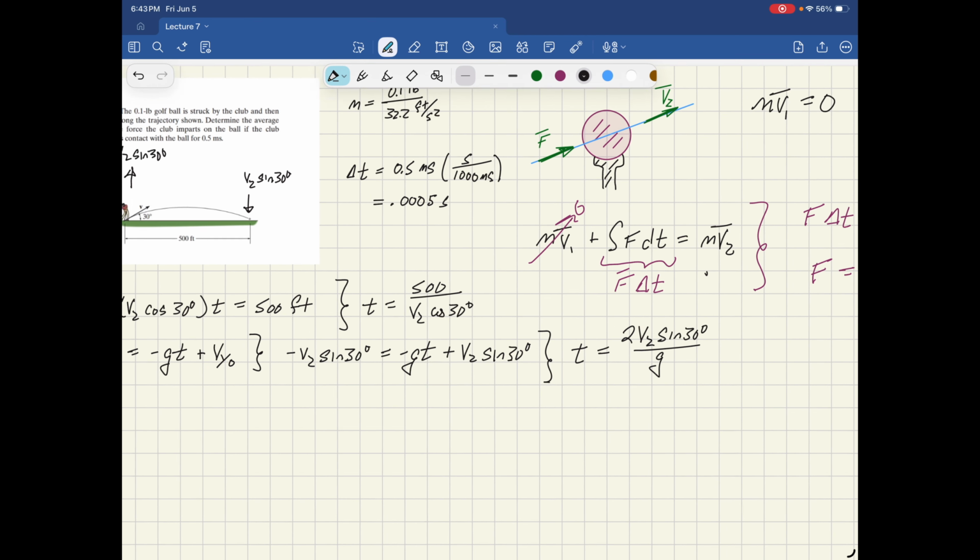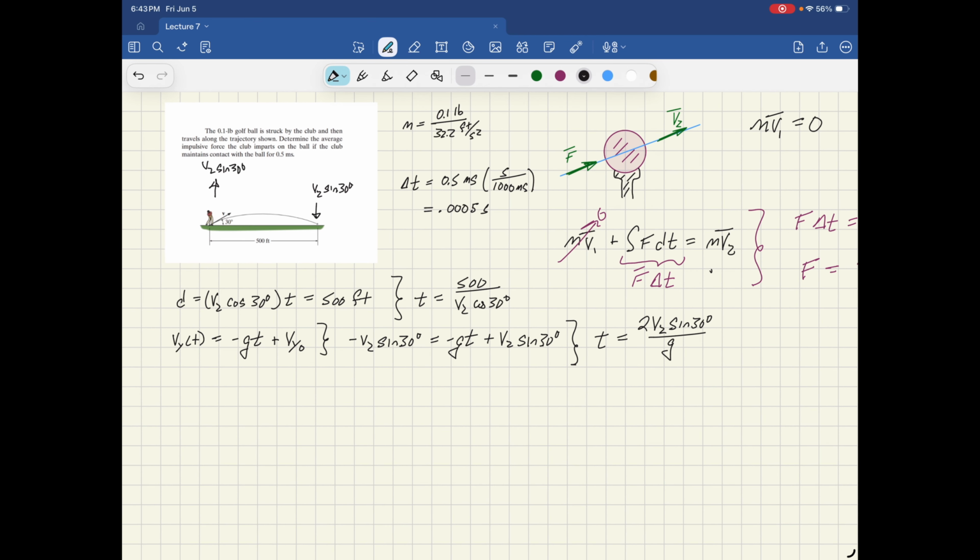So now I have two expressions for t, one from the horizontal component of my motion and one from our vertical component. I can combine these two or set them equal to each other. Everything's known except for v2, and we can go ahead and solve. So we'll do that here.